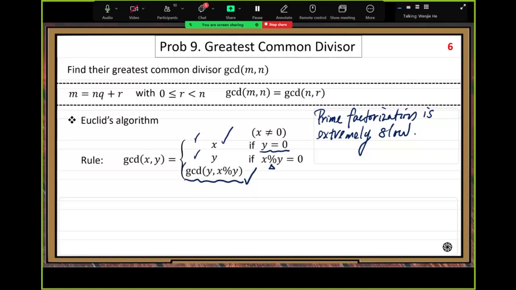Slow computation property. This prime factorization is extremely slow. This property can be used to something to our benefit. Do you know, is there any situation like that? Slow is good. Slow computation is good, not bad. Is there any situation like that?